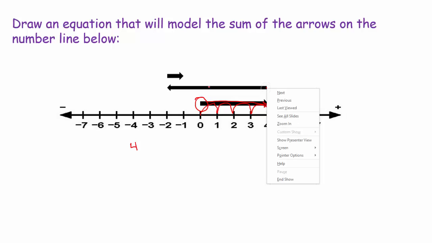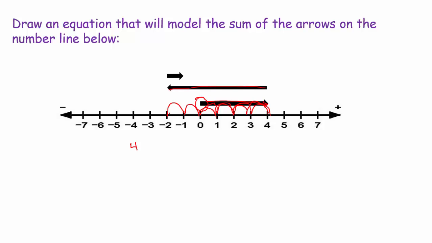Notice it's going to the left. If it's going to the left, that means it's a negative number. And notice how many spaces I'm going to the left: 1, 2, 3, 4, 5, 6 spaces. So that would be -6.